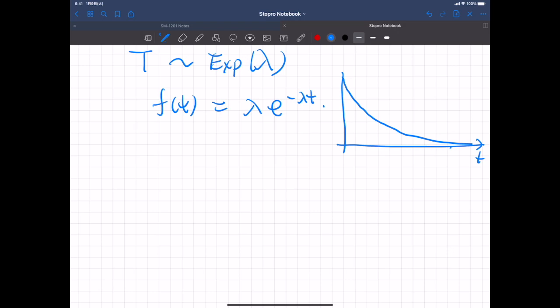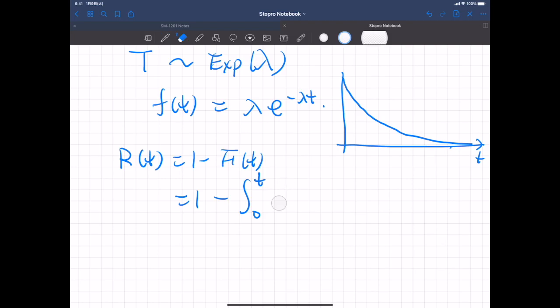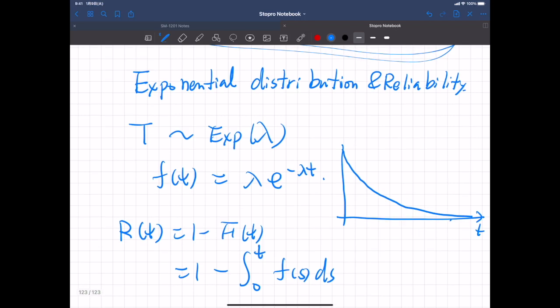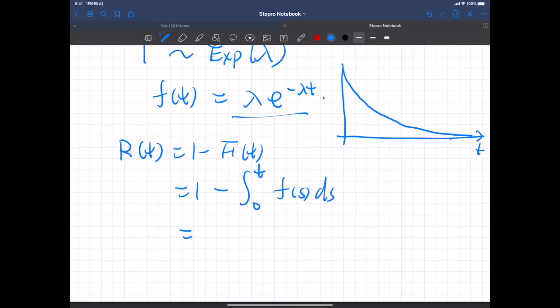Okay, so in this case, we have the reliability function as 1 minus the distribution function, and the distribution function is just this integral of the density. If you just substitute this density function, you should have exponential of negative lambda t.